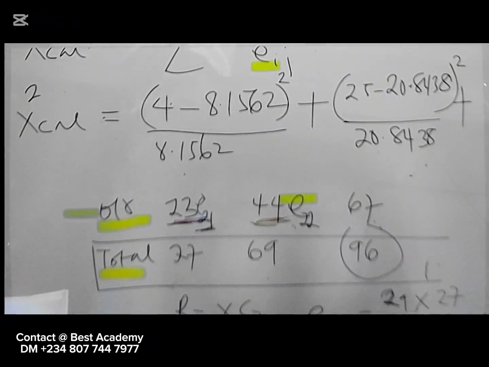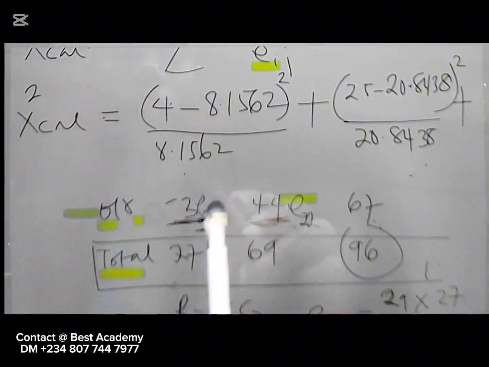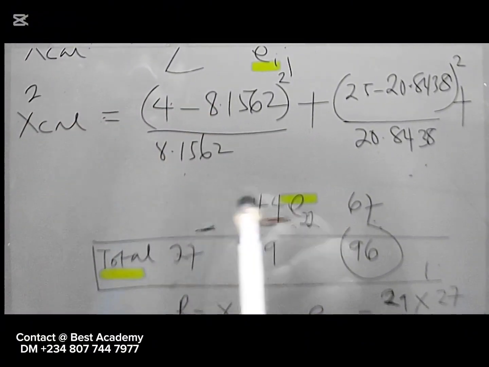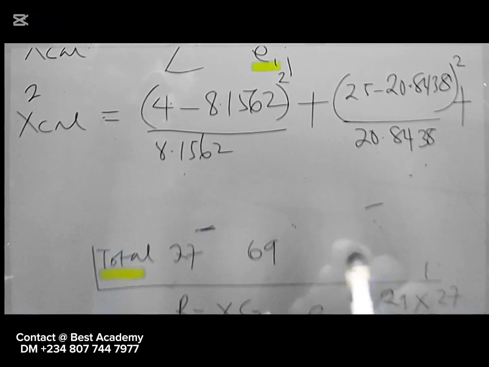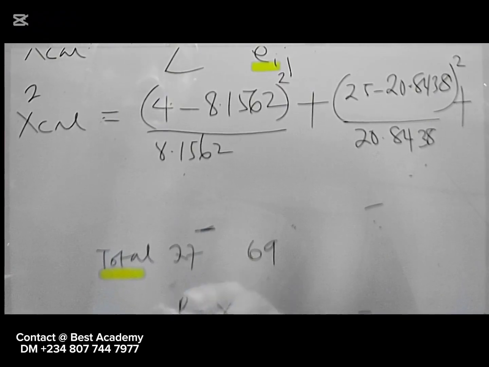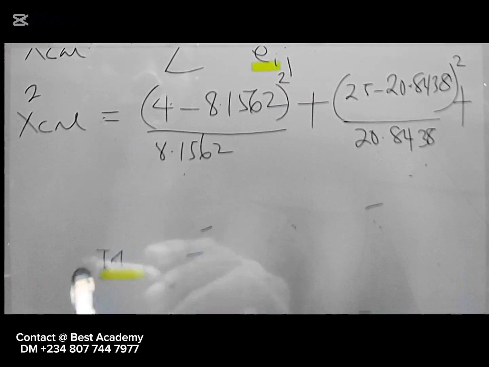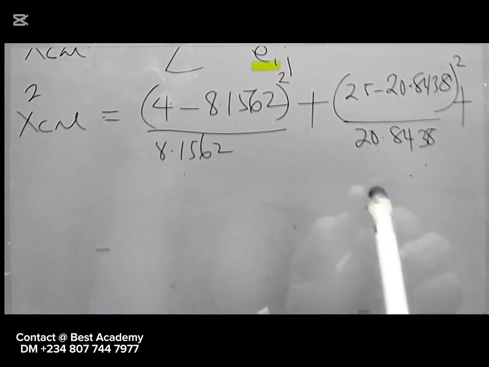Now plus the next one here is 23. Remember, in 23, which is the observed frequency, there's an attached expected frequency there.